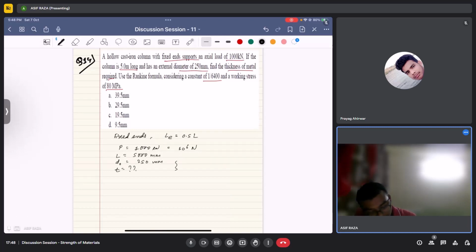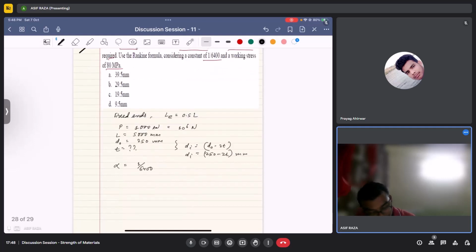The internal diameter di would be T naught minus 2T, that is 250 minus 2T mm. The constant alpha is 1 upon 6400 and working stress sigma is 80 megapascal. We need to use the Rankine formula.